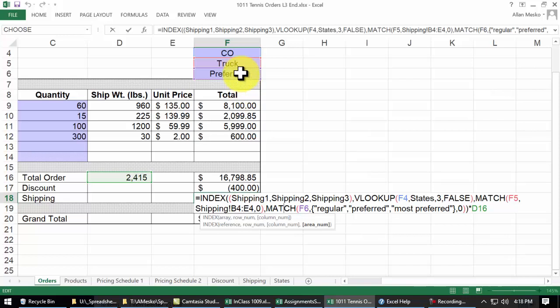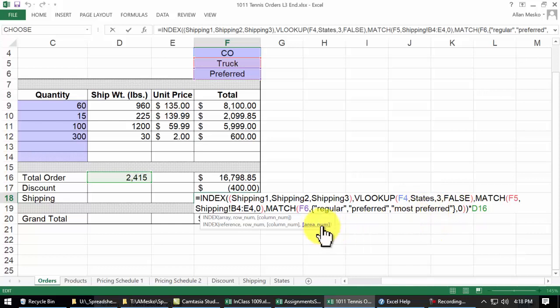So I'm going to look in F6 and say, find preferred in this list of things and tell me what position it's in. Notice that we're not going to a range. We're just listing things right here. We're saying, look up whatever this is, see if it matches the word regular, the word preferred, the word most preferred. Make sure it's an exact match.